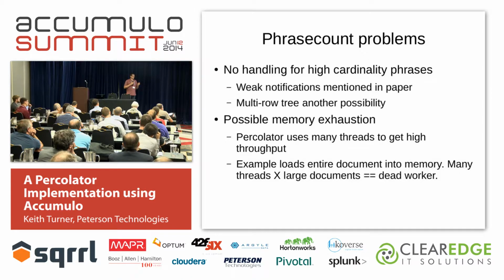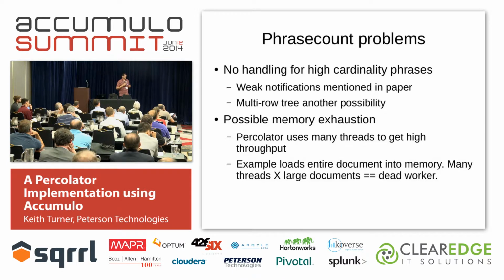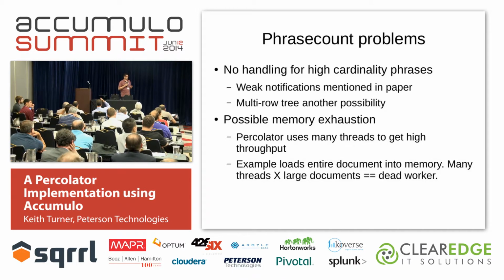But if one of my transactions tried to load an enormous document, or actually if 3 or 4 threads try to do that, then you could blow out memory on the process. But I think I just need to handle that. I'm not sure if there's anything I can do in Percolator to handle that. It's more that the application's going to have to do something to handle that, to split up large documents or something like that.